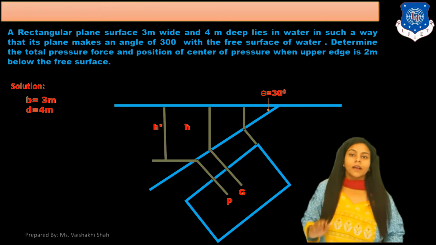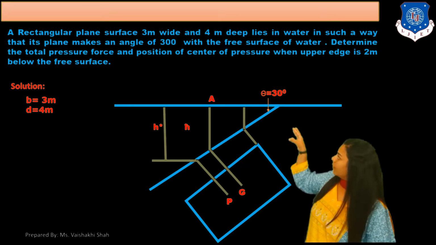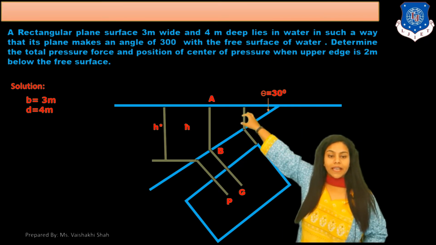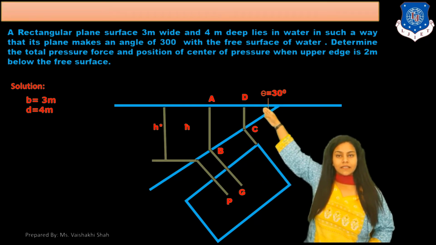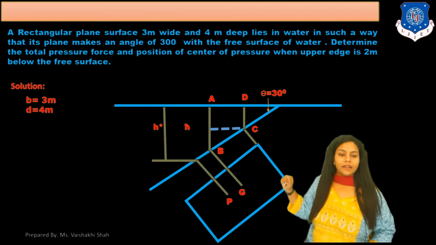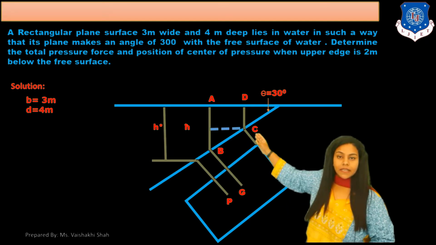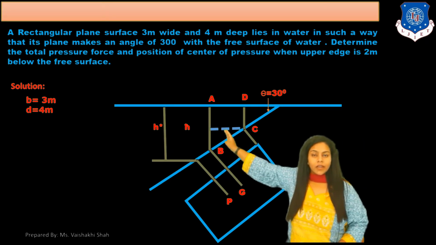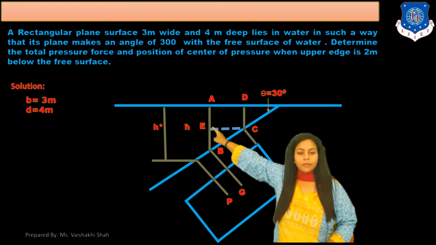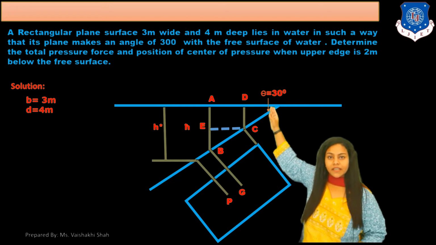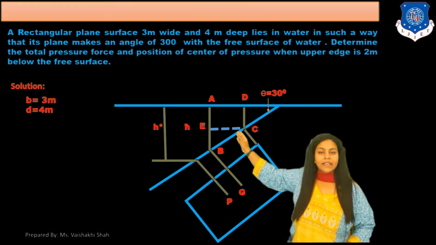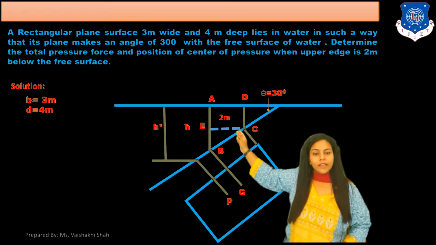Now we are indicating some points here: this point is A, this point is B, this is C, and this is D. Now we draw a line passing through C, and this point is your point E. Clear? Now this angle is theta, 30 degree. If we find the angle here, this angle is also 30 degree.